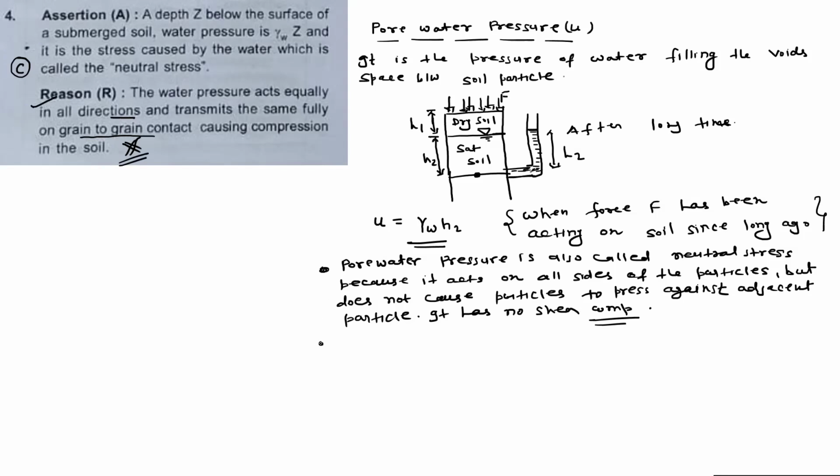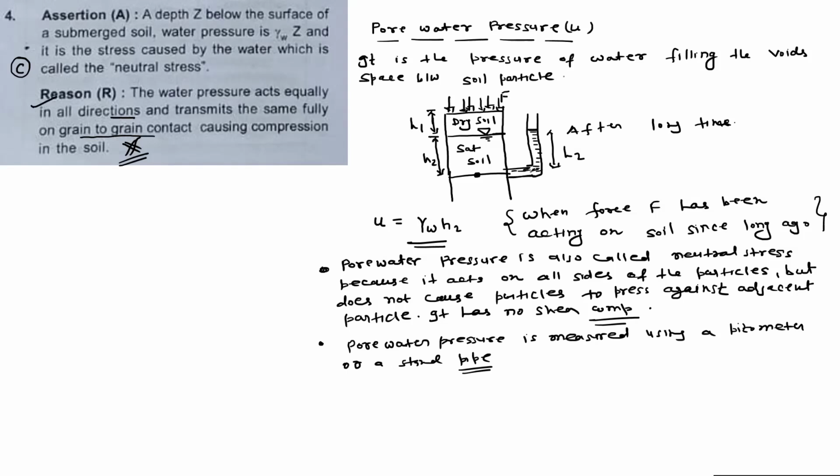The next point about pore water pressure is that it is measured using a piezometer or a standpipe, and hence pore water pressure is a measurable quantity.